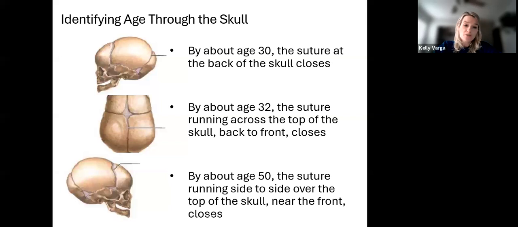Skull identification as far as the sutures. So if again we are unaware, as you are coming into this world, whether you were born the vaginal versus cesarean way, we know that there's a soft spot on the baby's skull. Why is that there?